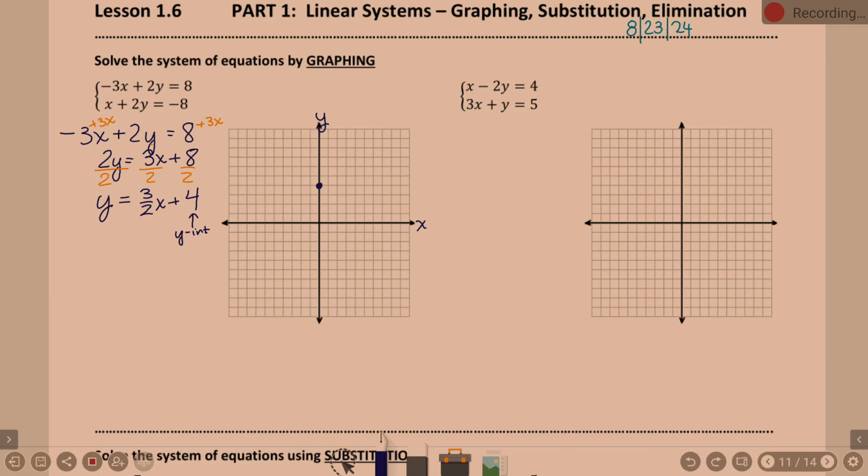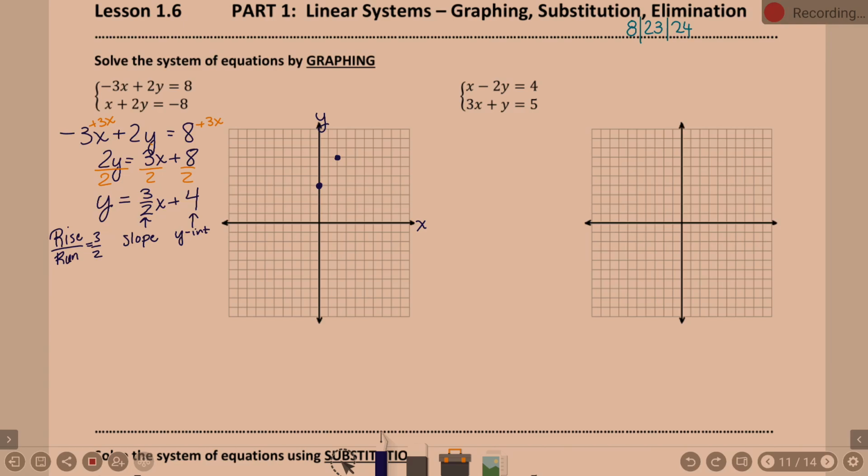And the 3/2 is my slope. What phrase are you using for slope? Rise over run. So from my point at 4, I'm going to rise 3, run 2.